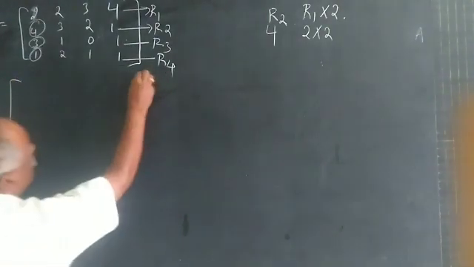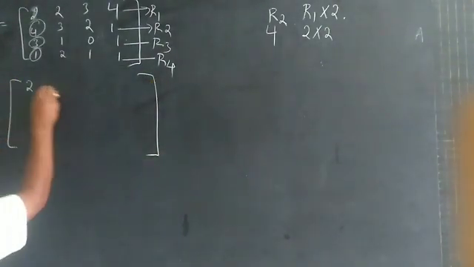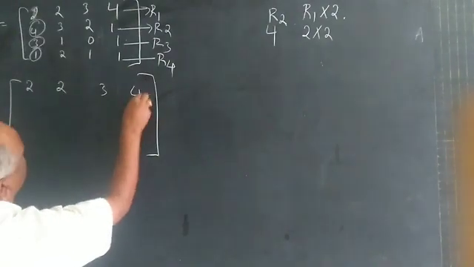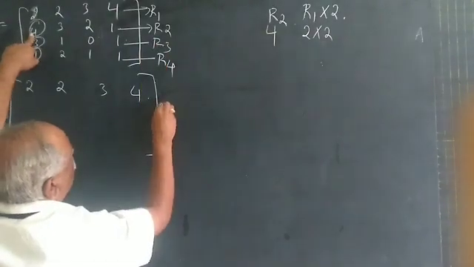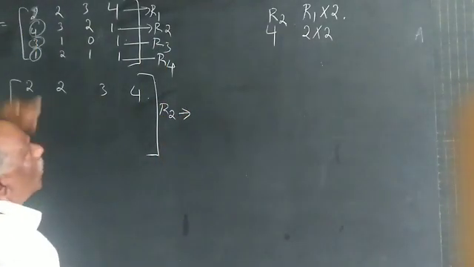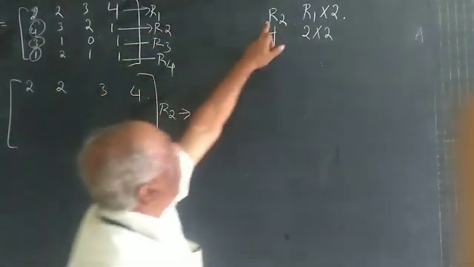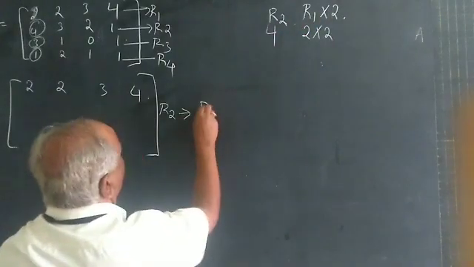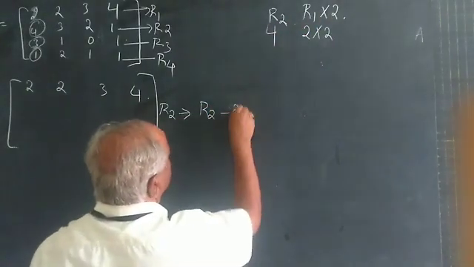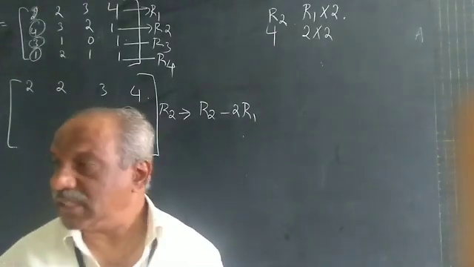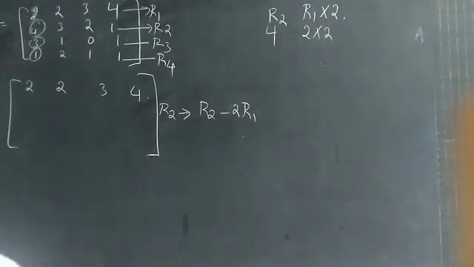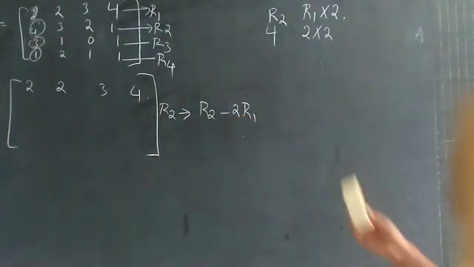Observe, write 1, 2, 3, 4 as it is. This R2 is modified as R2 minus 2R1.